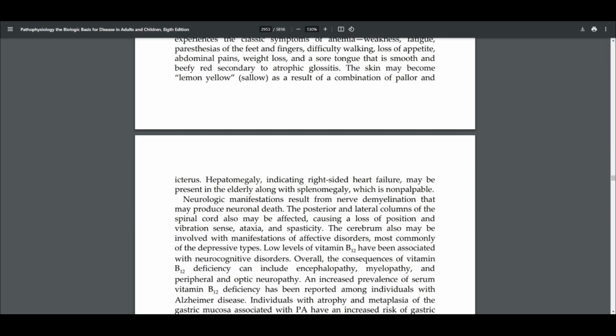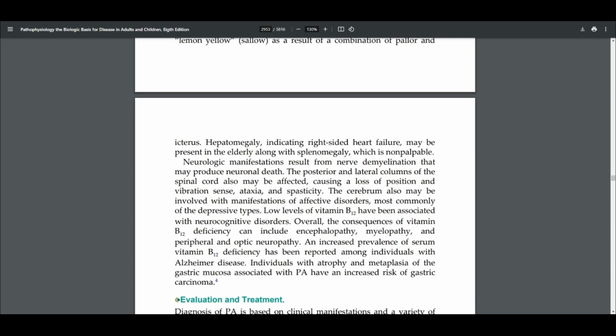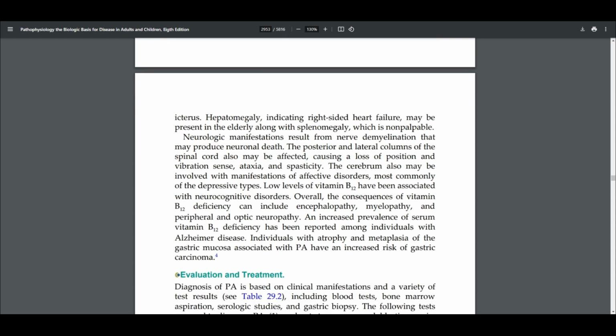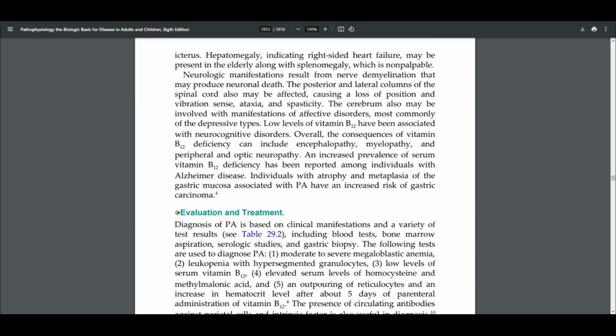Hepatomegaly, indicating a right-sided heart failure, may present in the elderly, along with splenomegaly, which is non-palpable. Neurologic manifestations result from nerve demyelination that may produce neuronal death.